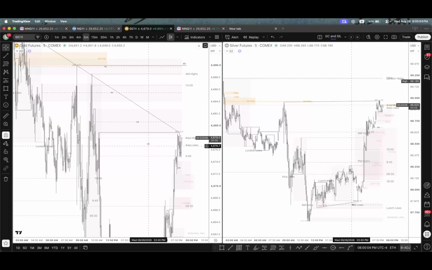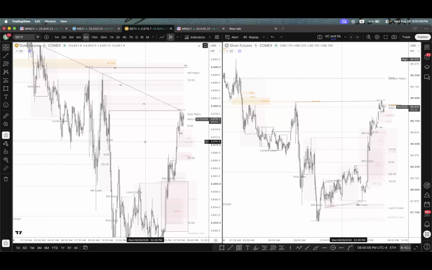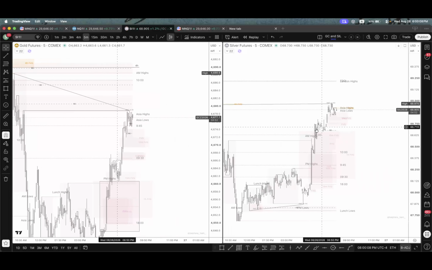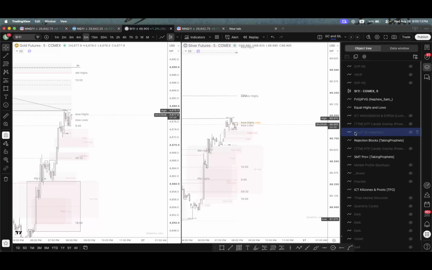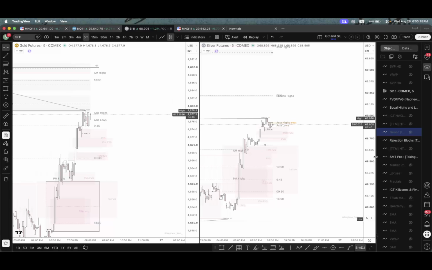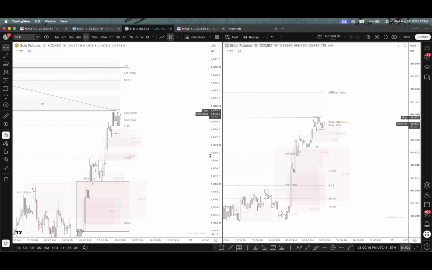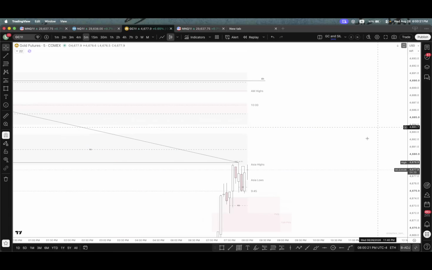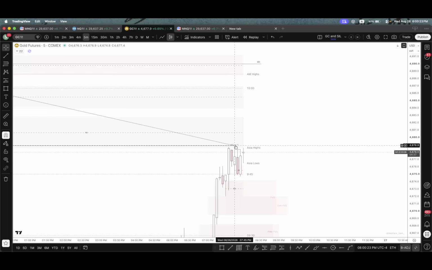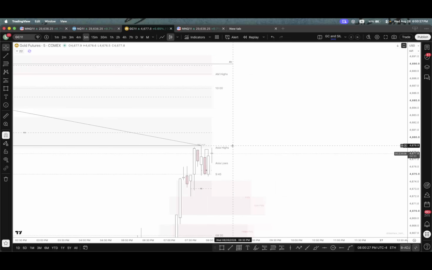I don't know what's going on here, but I'm not really gonna do anything with silver. Silver looks really weird, so no silver today.